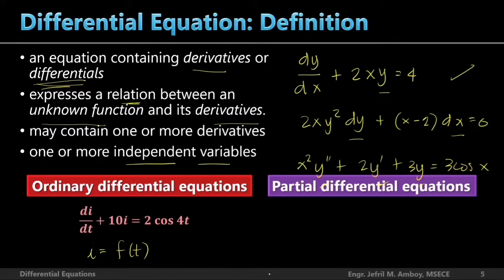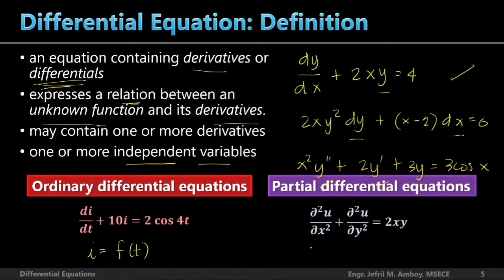Now, another example, for partial differential equations. Here we have the second partial derivative of u with respect to x plus the second partial derivative of u with respect to y equals xy. Here, it's very clear that the dependent variable is u alone. However, we have two independent variables, x and y.